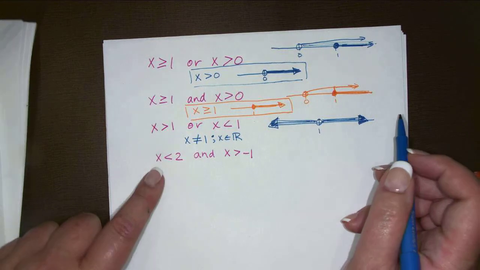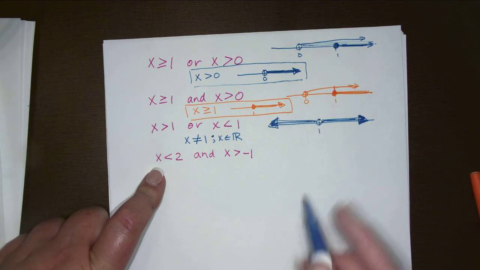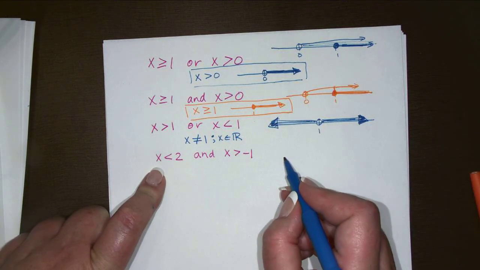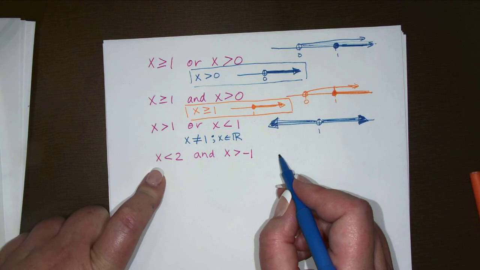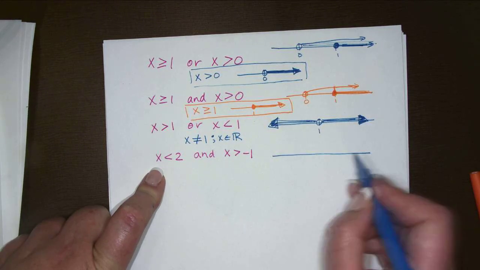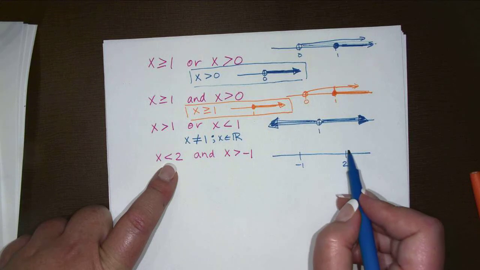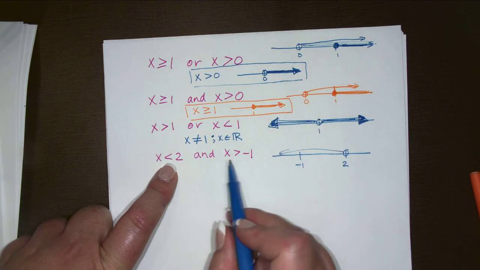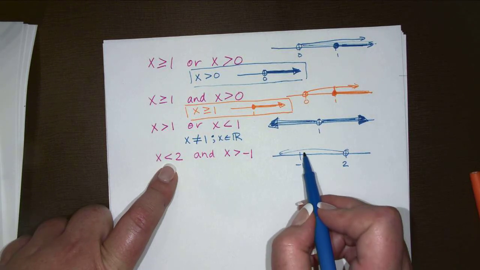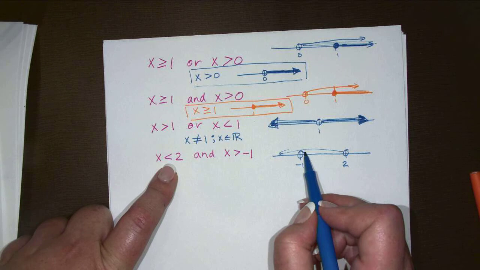This one? We have a -1 and a 2, less than 2, greater than -1.